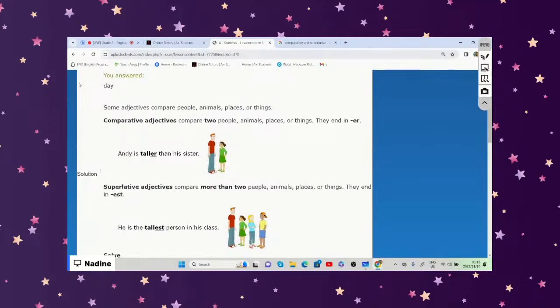Compared to his sister, he is taller. And then we have a superlative adjective, which compares more than two people, places, animals, or things, and they end in est.